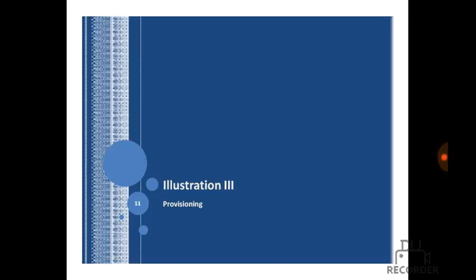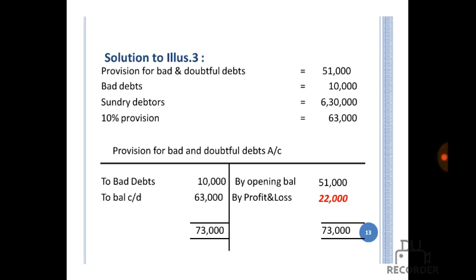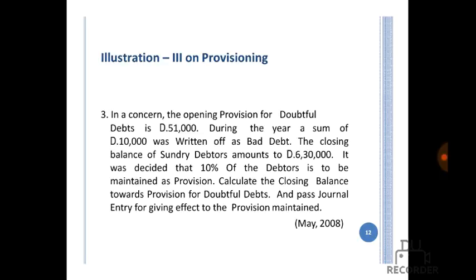Illustration 3 on provisioning. In a concern, the opening provision for doubtful debts is rupees 51,000. During the year, a sum of rupees 10,000 was written off as bad debt.